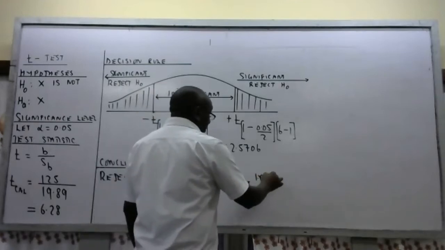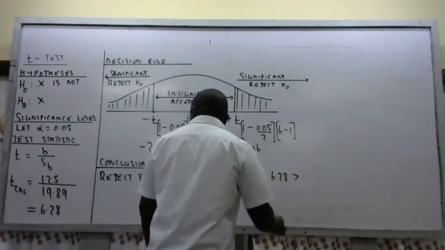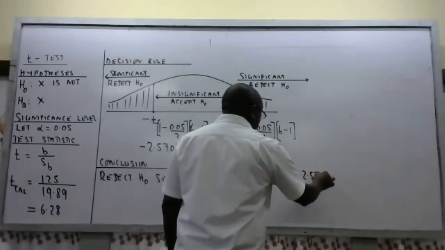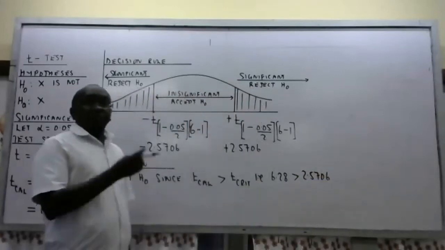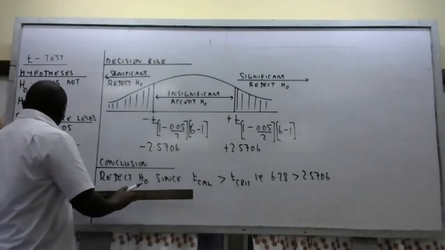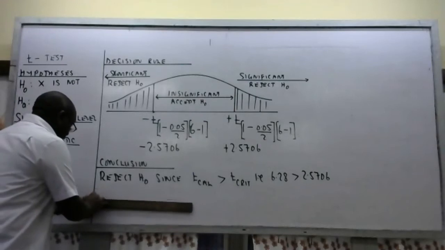That is 6.28 is greater than 2.5706. And that is what you conclude.